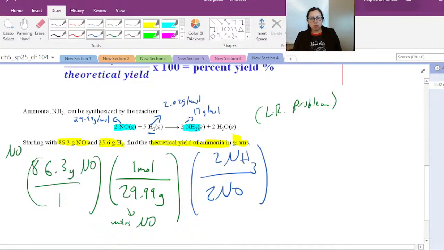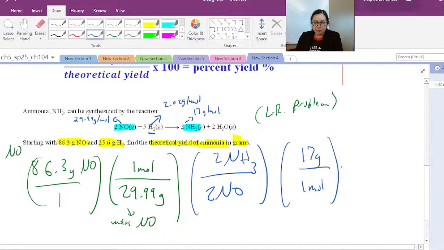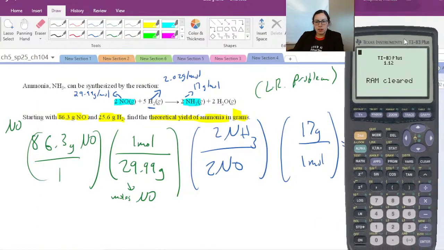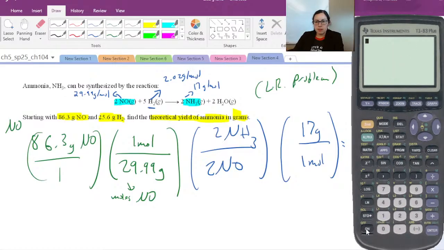And then they want us to get the yield in grams. So we might as well set up the last step. So 17 grams per mole. Do we have a theoretical yield for our nitrogen monoxide?